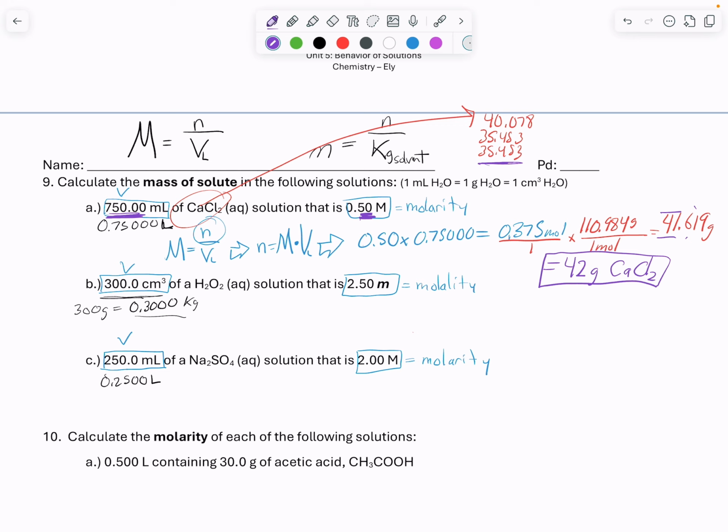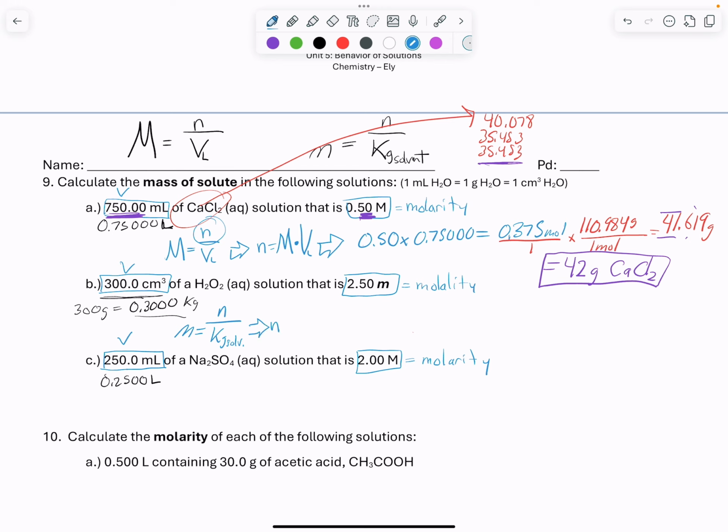The third one's just like that one. It's the exact same process. Now, B is a little different. I'm solving B with molality, so I have to use a different formula: lowercase m is equal to moles of solute divided by kilograms of solvent. We've got our kilograms of solvent and our molality, and we're solving for n.